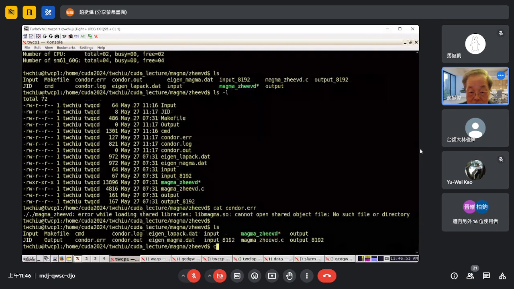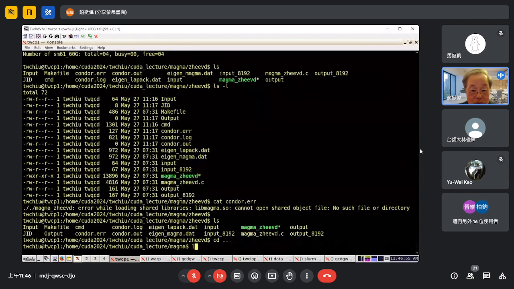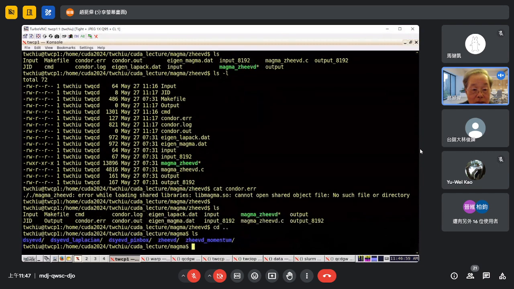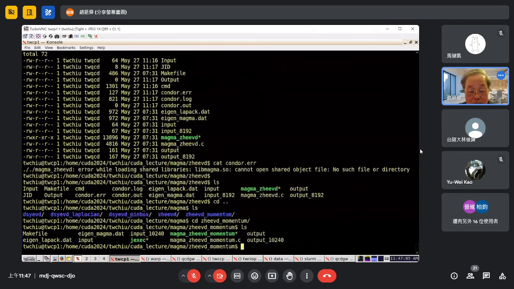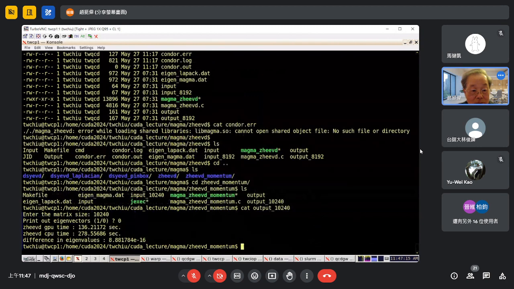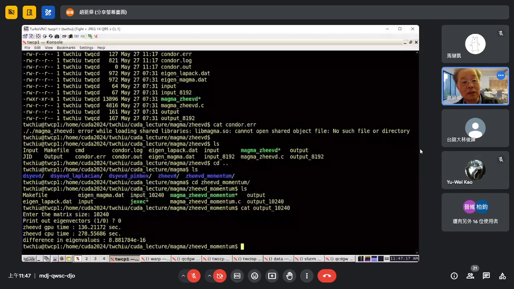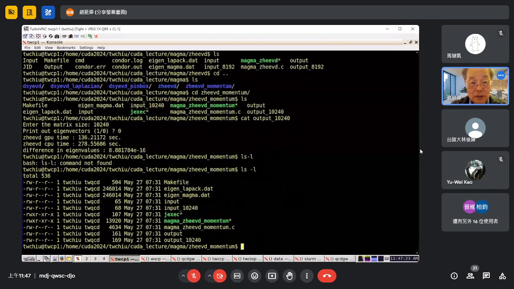There are many subdirectories here, for example the momentum. The output, if I use a size of 10240, let me see the eigenvalues of this momentum output.